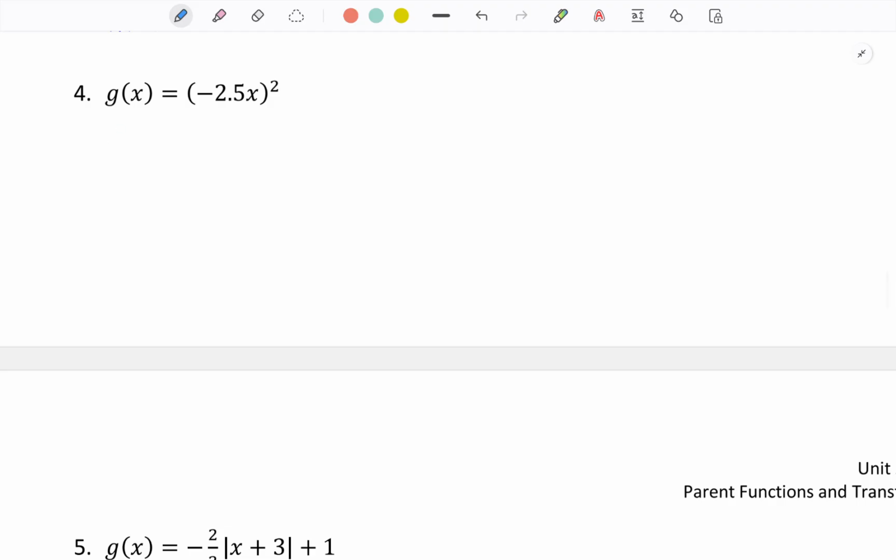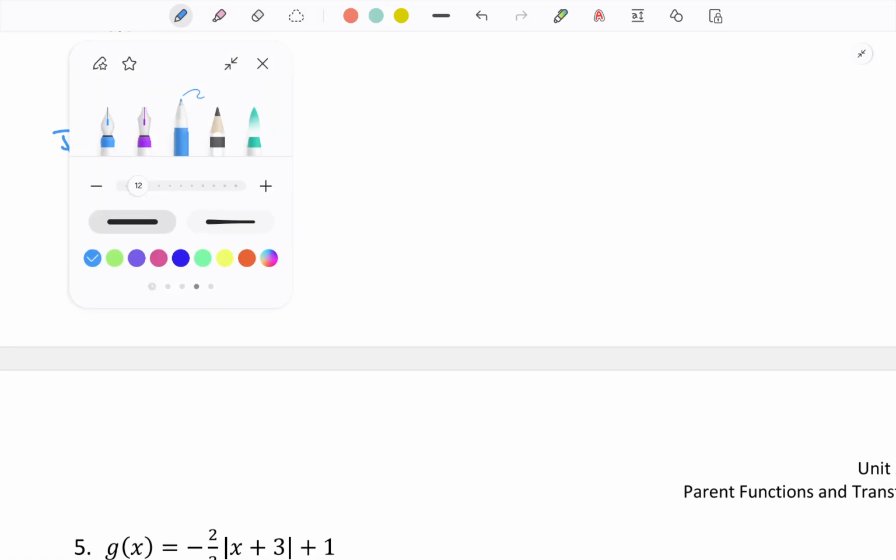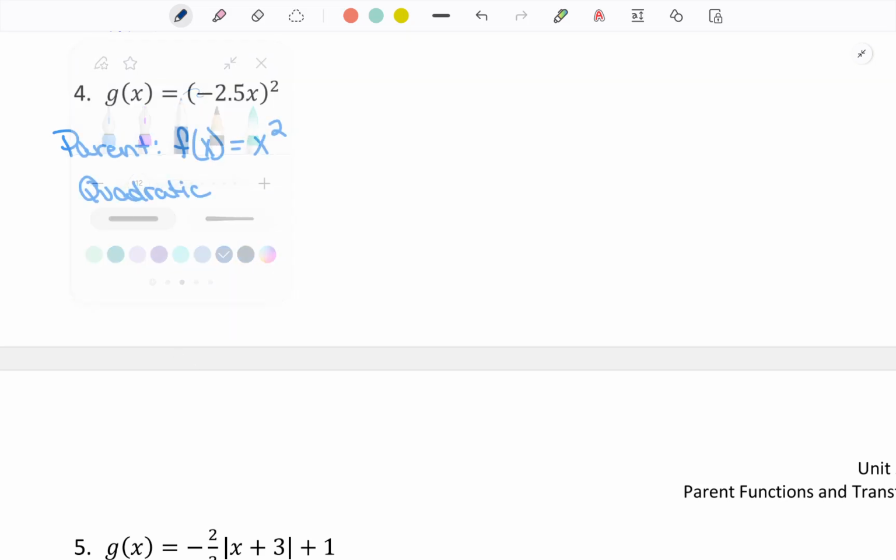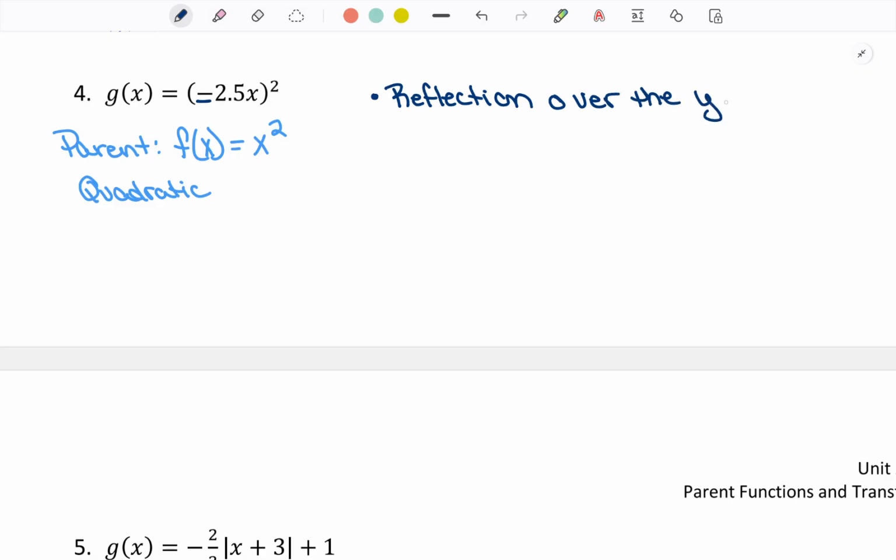Then for number 4, our parent function is f of x equals x squared. So this is a quadratic. For this function, you have that negative, and so this is a reflection over the y-axis.